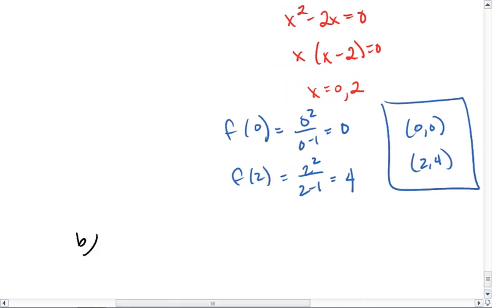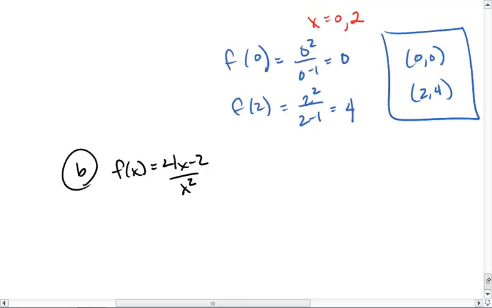Okay, for part B, we have f of x equals (4x minus 2) over x squared. Again, we pull this apart.